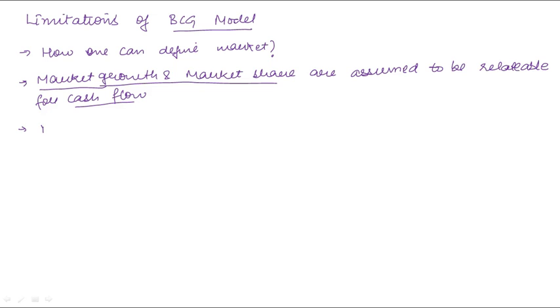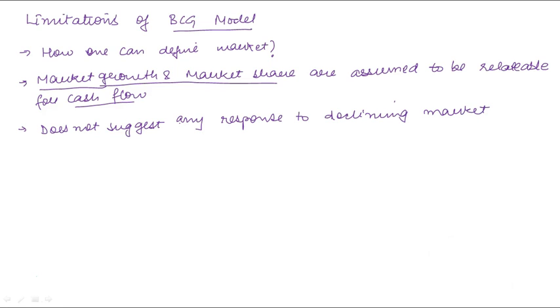Okay, so next is, beta, I am already giving you 3 to 4 points out of the whole book. Please do not miss them. Your notes will be really important. It does not suggest any response to a declining market except withdrawal.